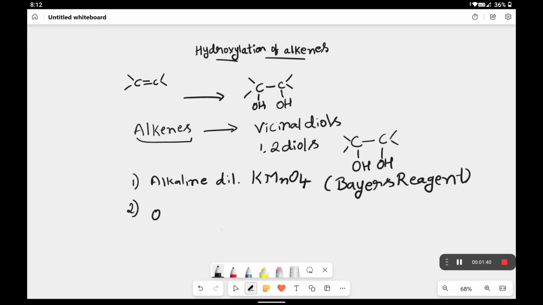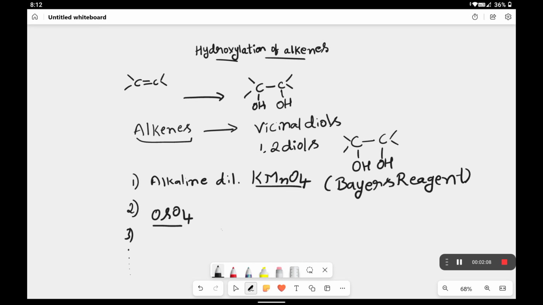And one more is osmium tetroxide. This is also a hydroxylating agent. There are plenty of reagents available, but we are not going to discuss those; mainly we are focusing on these two. How do osmium tetroxide as well as KMnO4 convert an alkene to a diol?